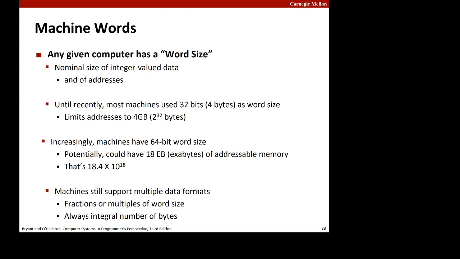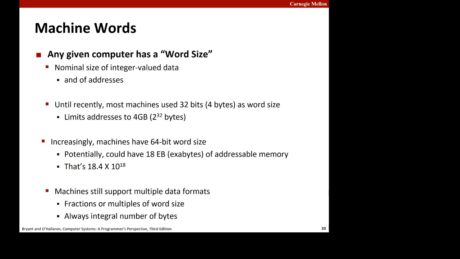But in general, for a machine, the broadest concept of a word is how big the addresses are in that machine. And as I mentioned, that can actually depend on the mode the machine is executing. So a 32-bit machine means that its largest address is 2^32 minus 1, and that's roughly 4 gigabytes.